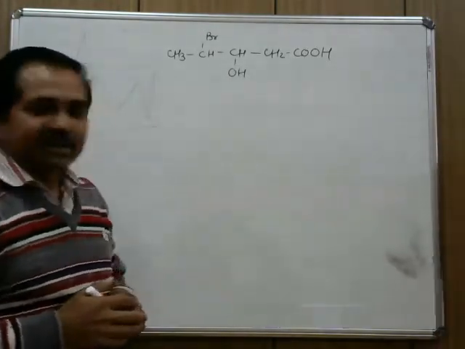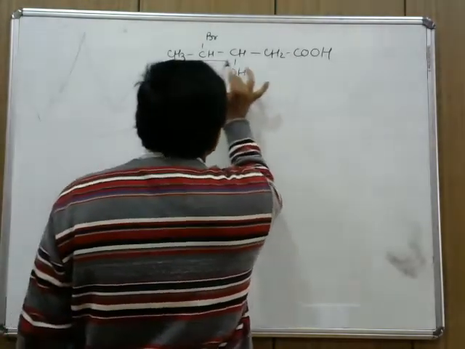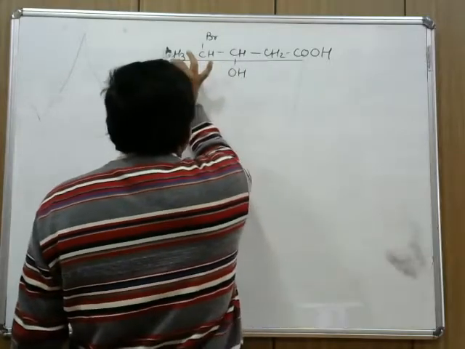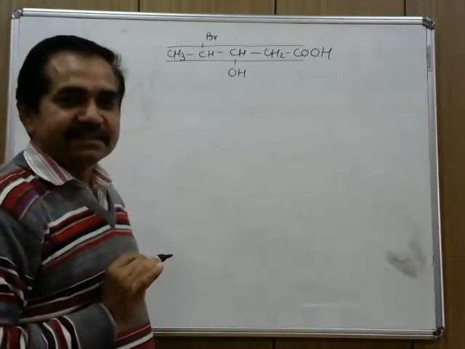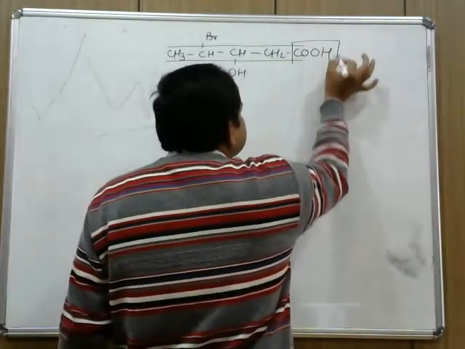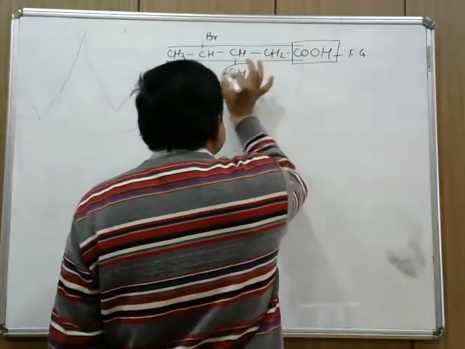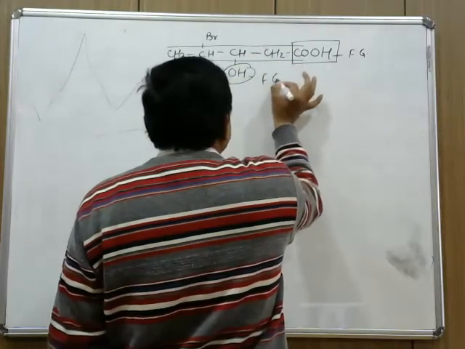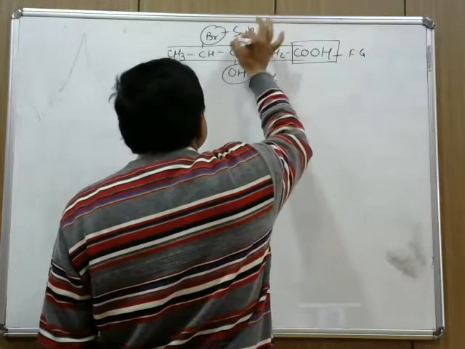So for this compound, again, the longest chain is selected in this way. Then outside the chain there is a functional group, there is another functional group, and there is a substituent.